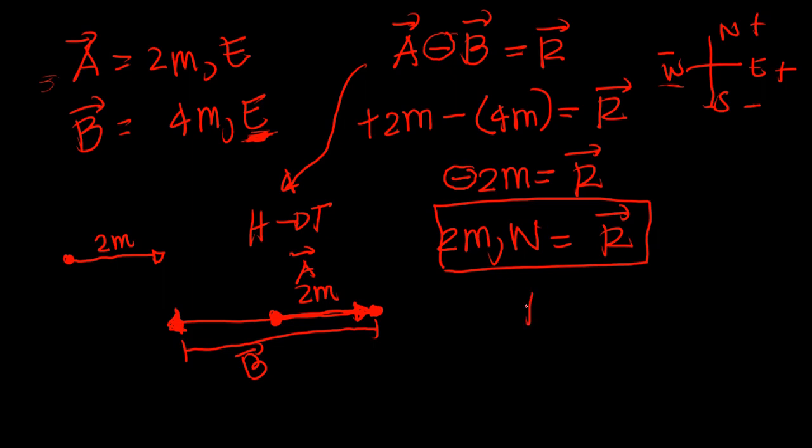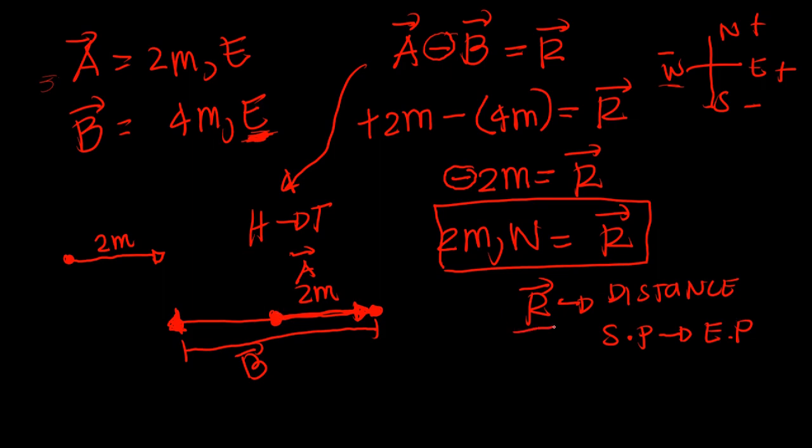So, remember that the resultant vector, take note of this because this is very important to remember. I can define this as the distance from the starting point to the end point. So, dito ka nag-start.